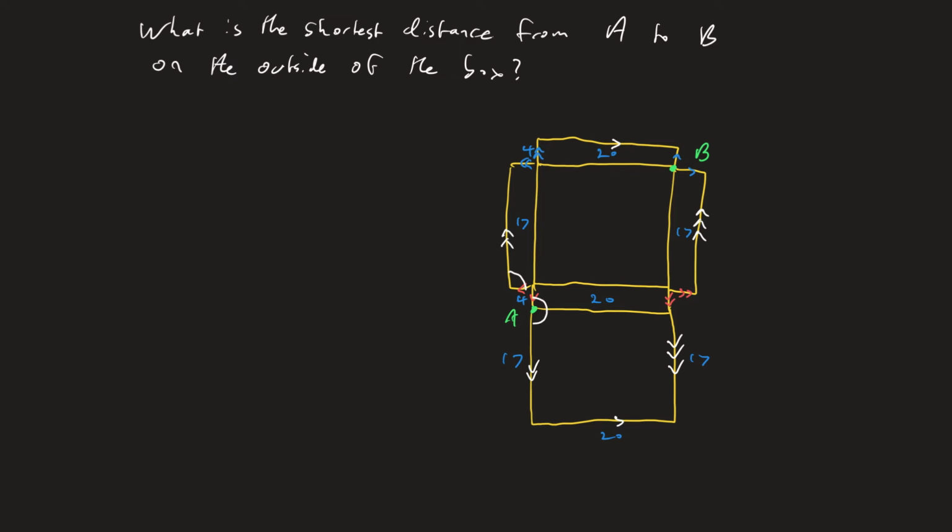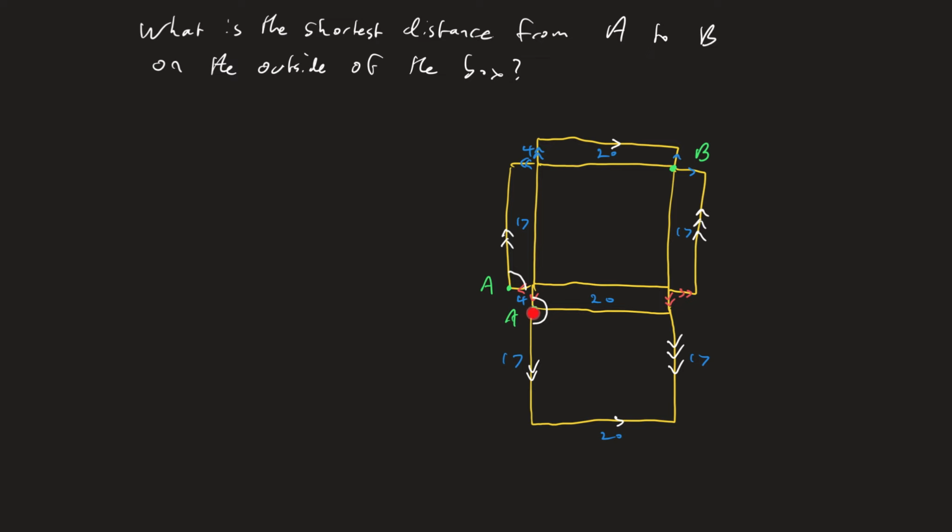So we now know that whatever the shortest path is from A to B, it's going to start off as a line segment from A to one point on this curve here. Just to make it clearer, note that this point right here is also A.